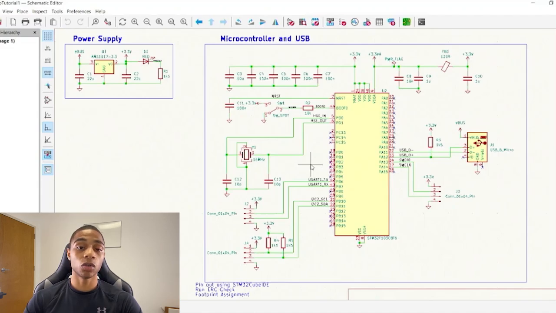However, if we move this switch over to our 3.3 volts here, what'll happen is our microcontroller will enter a special bootloader, and this will allow us to program our microcontroller. We can change our operating system or upload new firmware onto our microcontroller, and we can do things that way.